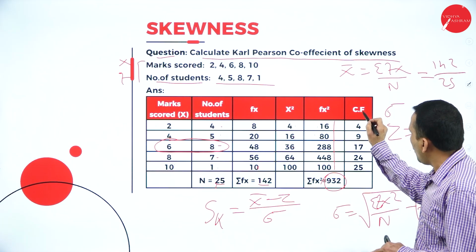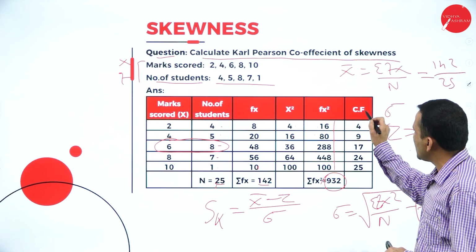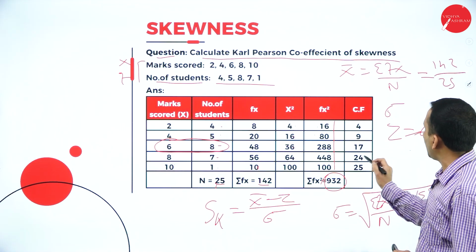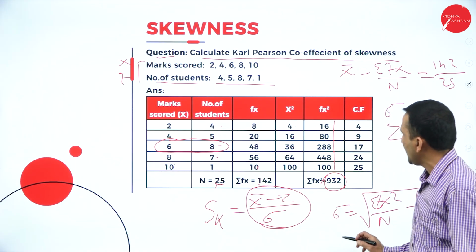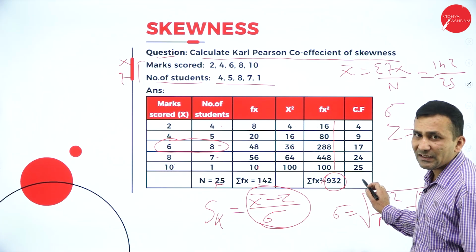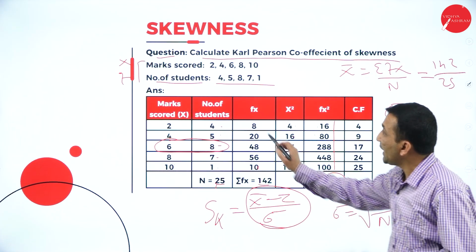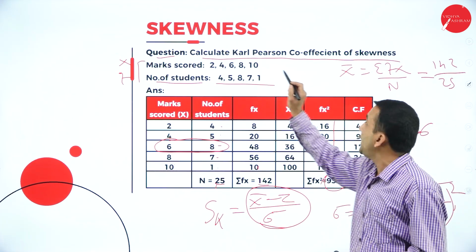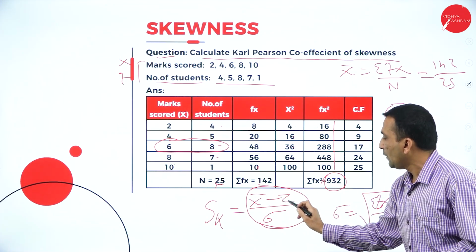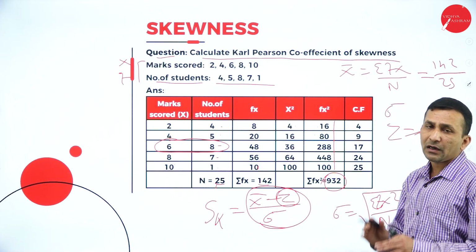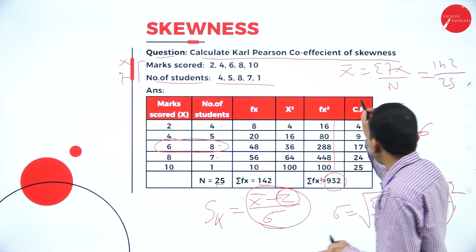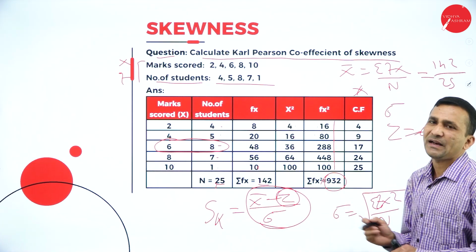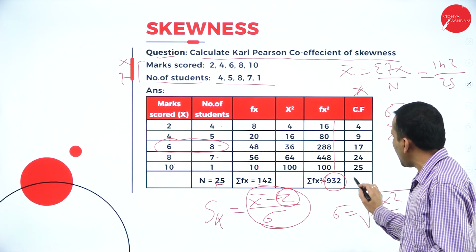So why is cumulative frequency required? We are not depending on cumulative frequency here. In case you are not able to identify the mode from this formula, obviously we need to depend on the median. That's what I have constructed, but it is just to be ignored, just for your understanding.